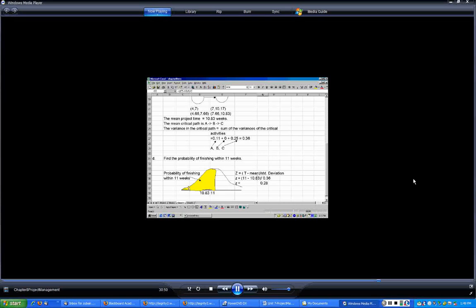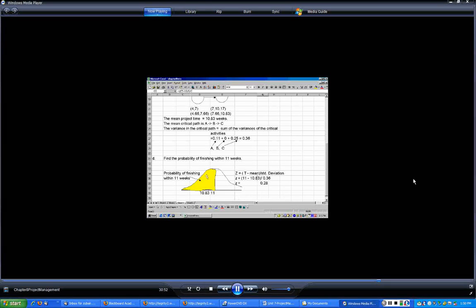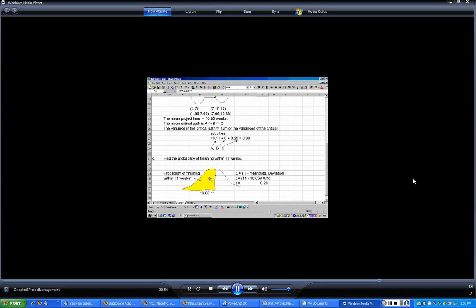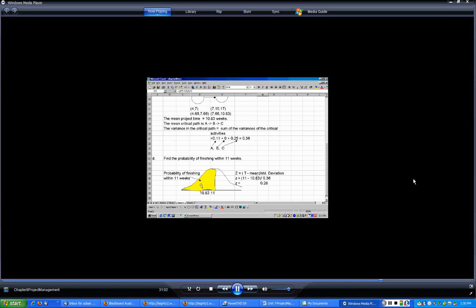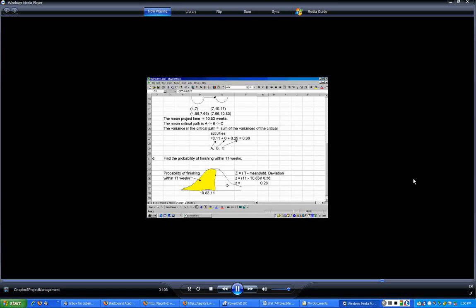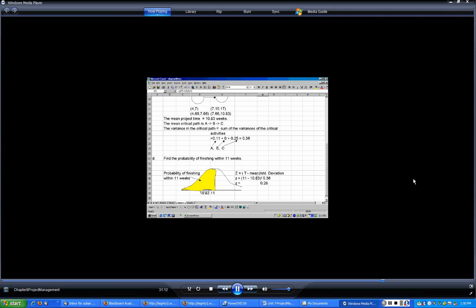If you plot that result, it looks like a normal distribution with a mean of 10.83. Since it's a normal distribution, about half of the time you are able to finish in 10.83 weeks or less, and about half of the time it's going to take you longer. So the probability of finishing in 10.83 weeks or less is only half, which is 0.5.